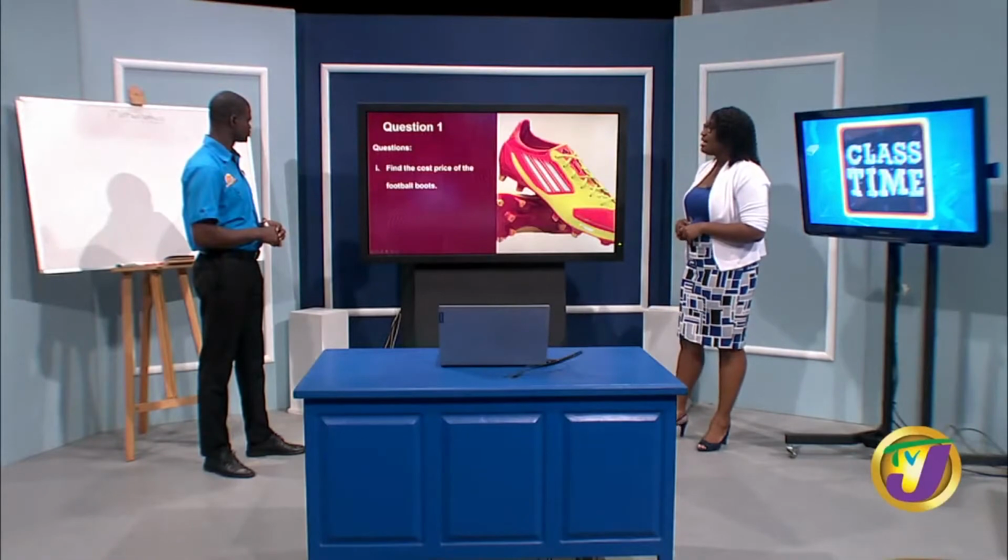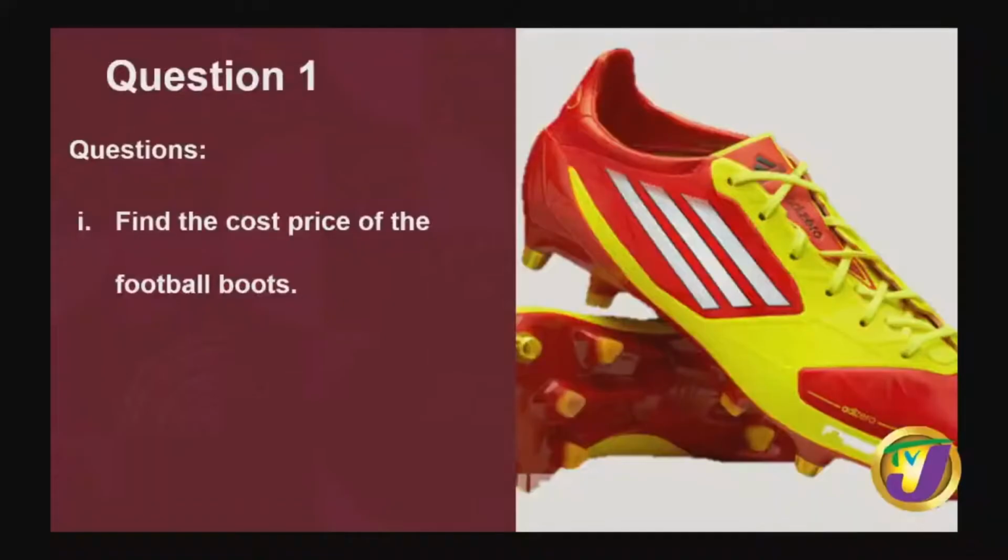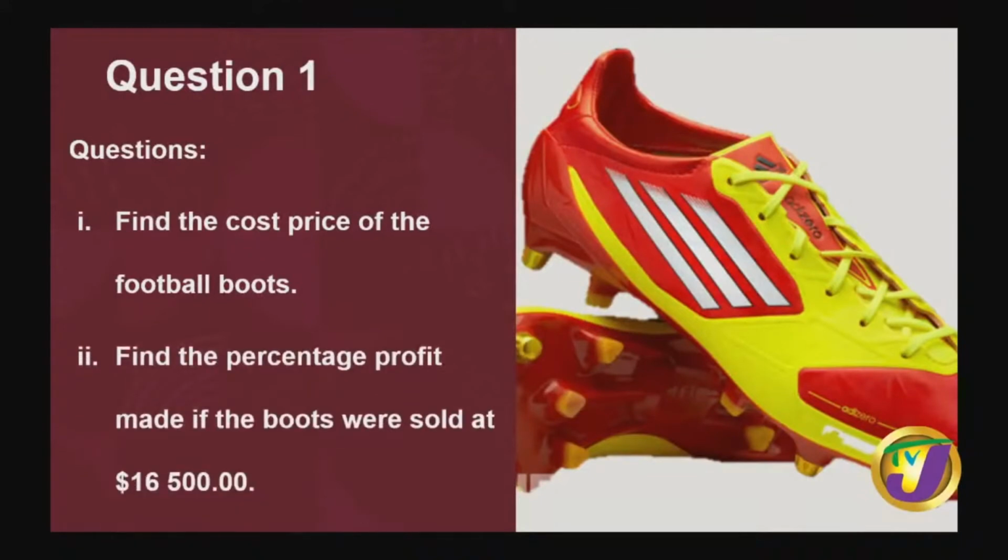The first question asks us to find the cost price of the football boots. And part 2 says, find the percentage profit made if the boots were sold at $16,500. So that selling price includes a 20% profit.